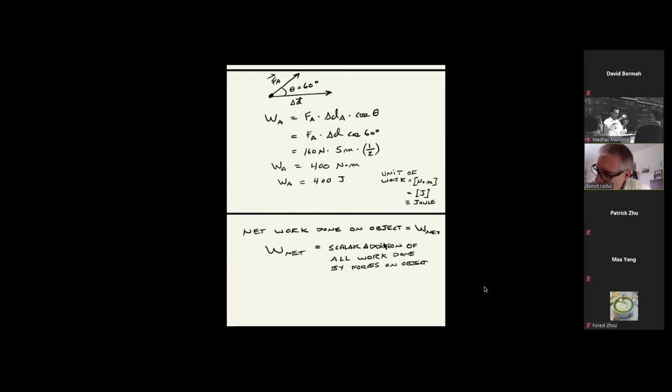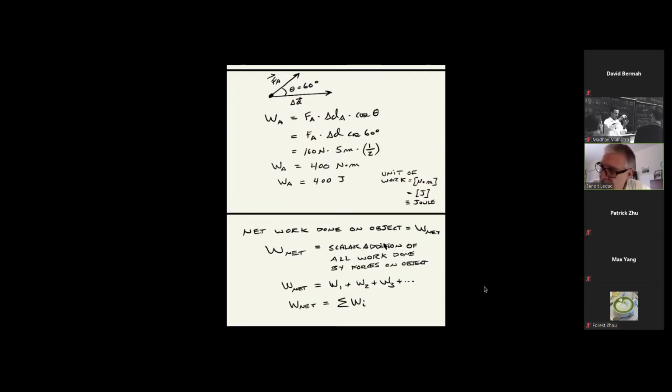So in other words, it's equal to the work done by the first force plus the work done by the second force plus the work done by the third force plus whatever it is, okay? And this can also be written like this.